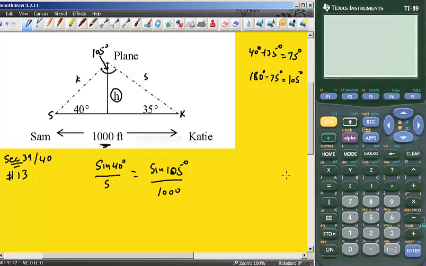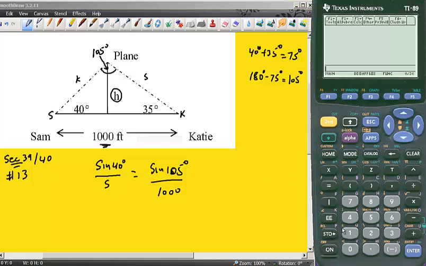Okay, so we can go to the calculator and calculate that. That will be sine of 105 degrees, and we're going to divide that by 1000.